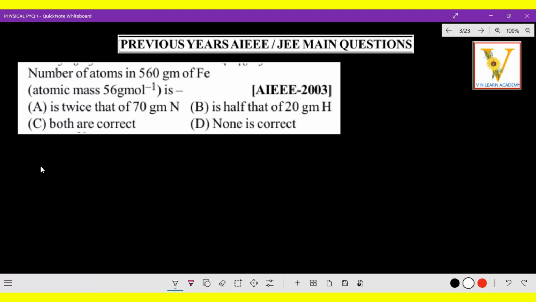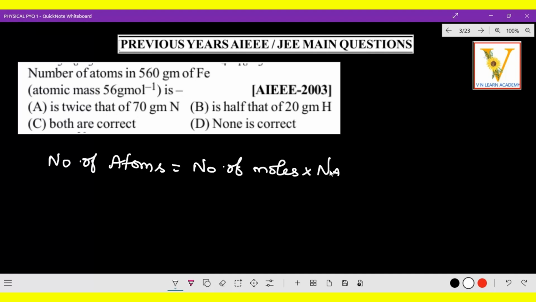First and foremost, number of atoms equals number of moles into Avogadro number. This is the symbol for Avogadro number. So first, number of moles we have to identify.